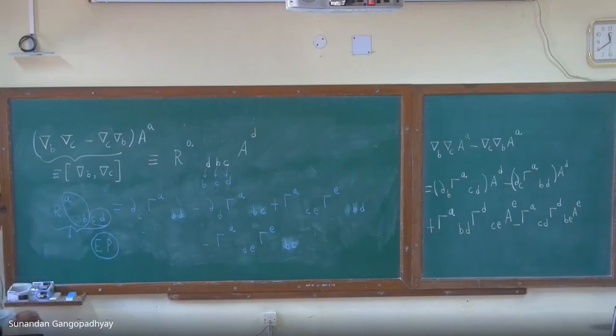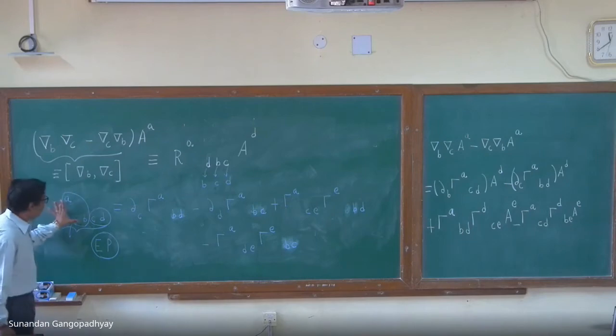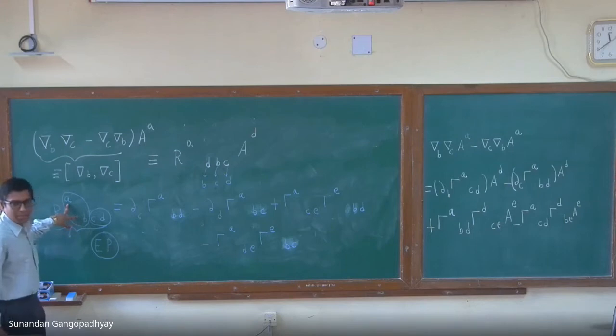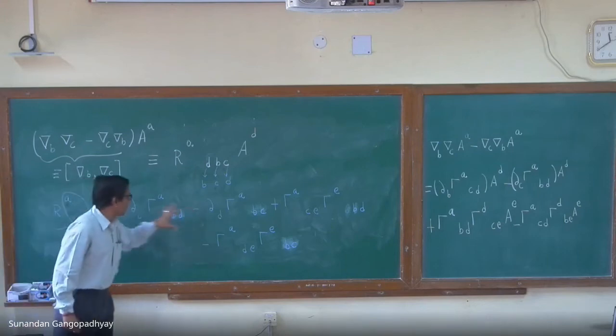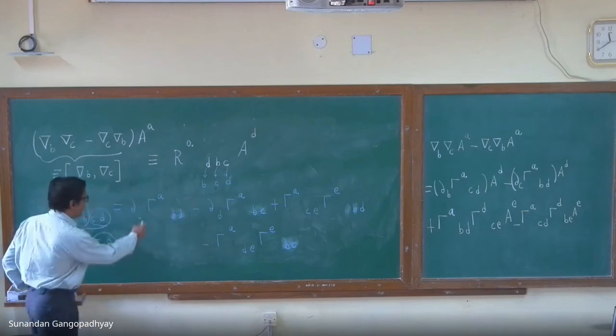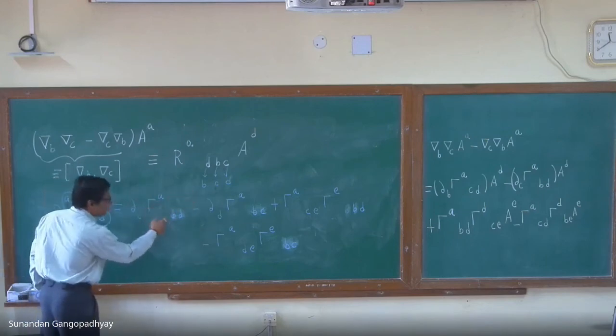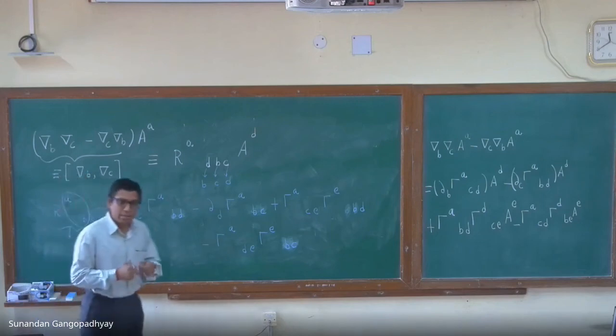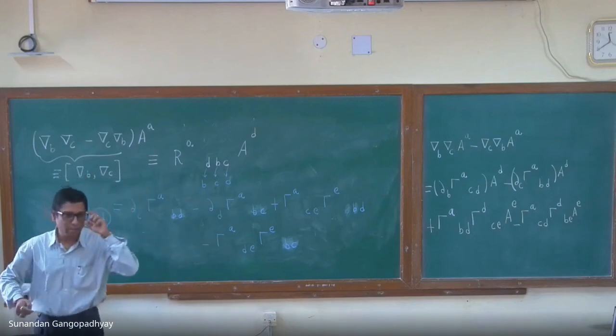If you want to check whether it is antisymmetric in these two indices, it will be very difficult if you keep gamma over here, right? Because this will become B, this will become A. Now you have to check whether this is antisymmetric in AB. That will be difficult.